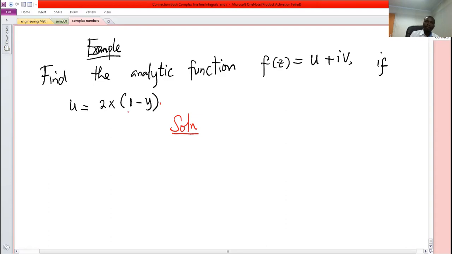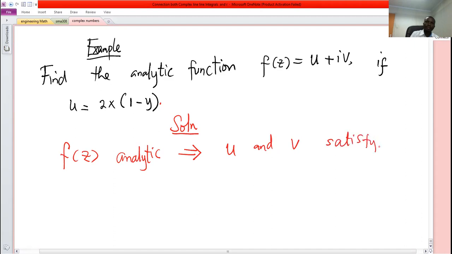So our solution, f of z analytic implies u and v satisfy the CRE.